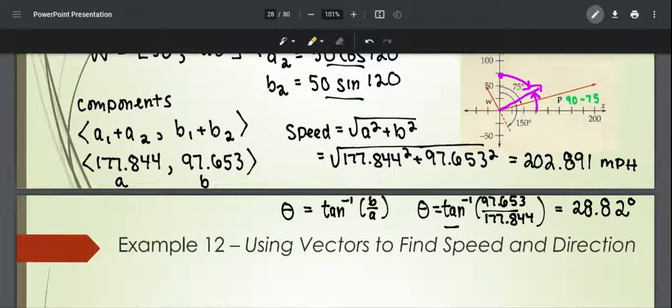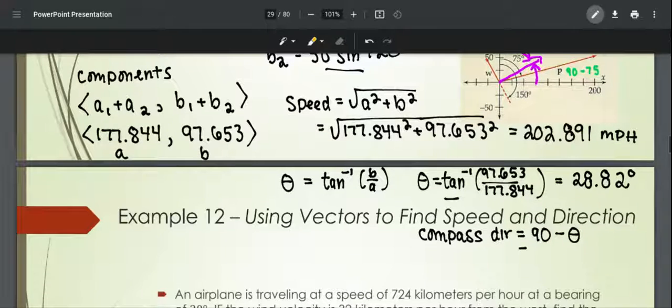So to find that navigational direction, or your compass direction, whenever you get done, your compass direction is going to be 90 minus whatever your theta was that you got. So every time, that will convert it back to the compass direction.